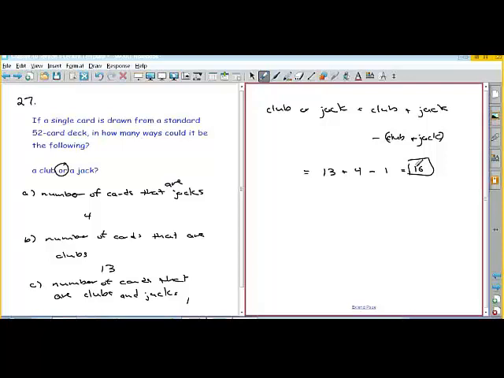Well, probability is the number of events divided by the total number of possible events. The event is a club or a jack, so you take 16. The total number of possibilities is the total number of cards, which is 52. So the ratio of those 2 numbers would give you the probability of picking a club or a jack.